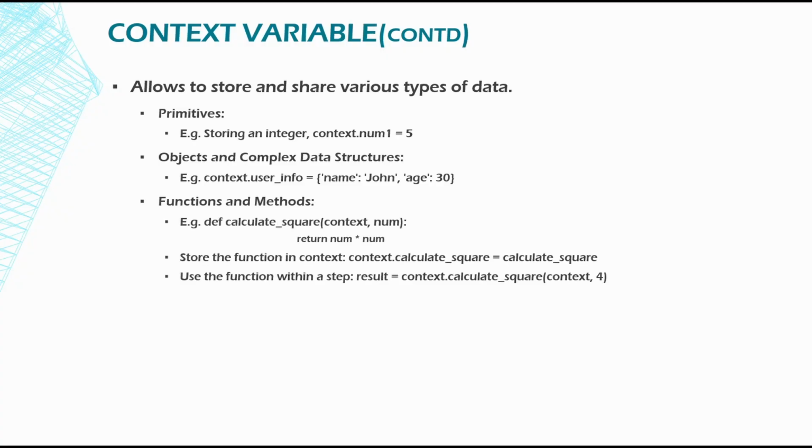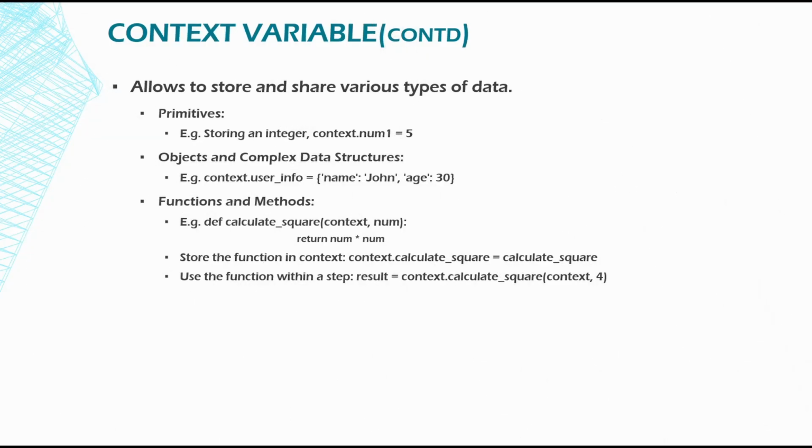For example, as you can see here, we have defined calculate_square, which is a function, and then you store the function in the context variable: context.calculate_square, and then you provide the name of your function calculate_square without the braces. Finally, you can use it: context.calculate_square, and then you can pass in some value here, and your function is going to be executed based on the call.